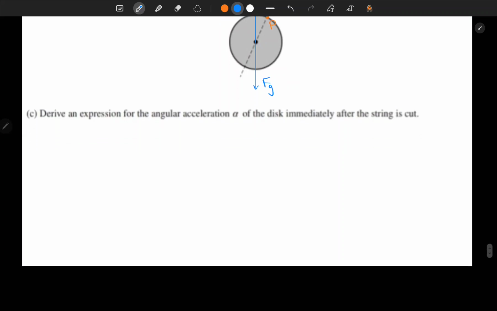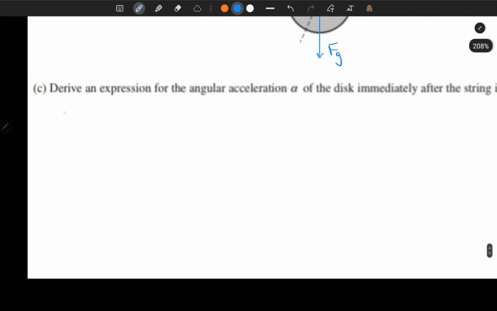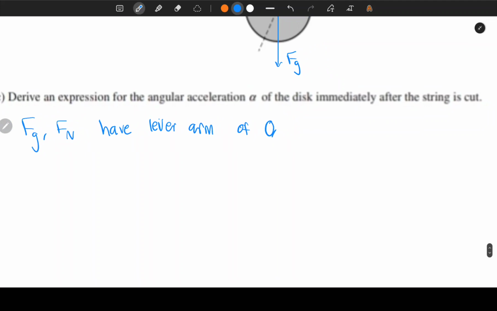Next, derive an expression for the angular acceleration of the disk immediately after the string is cut. Well, since F of g and F of n have lever arms of 0, the torque that they contribute is 0.